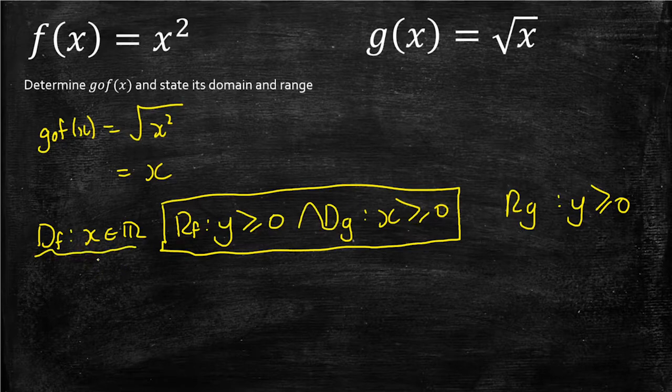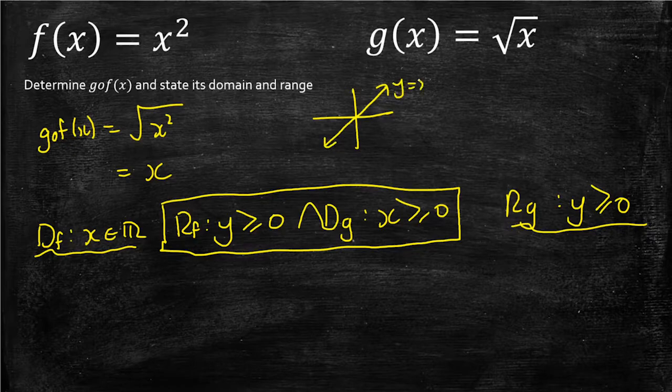The domain of f was x is an element of real numbers, and the range of g was y is greater than or equal to 0. When we look at this function though, what do we notice? We notice that if we just take this as the linear function x, we should have y values that are less than 0, because the linear function of x looks like this.